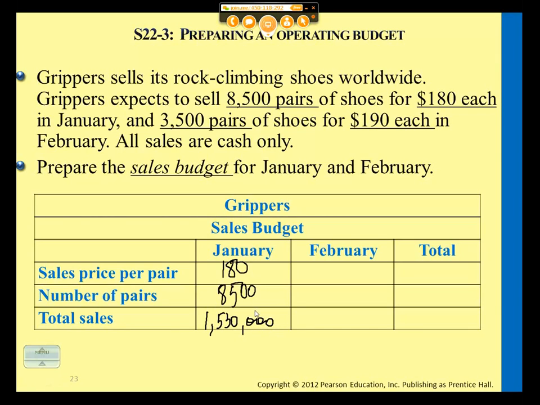Everyone got that? What about the second one, February? So I have 190 here, 3,500 pairs of shoes, and the total sales?